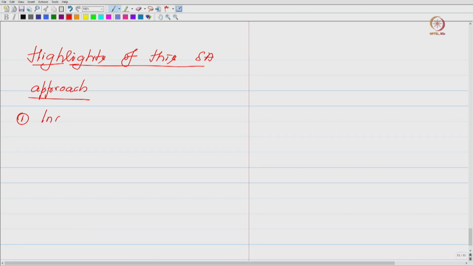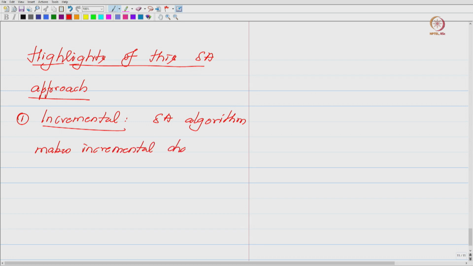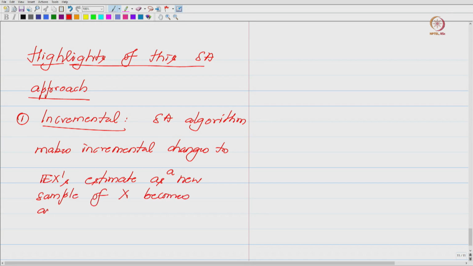One, this approach is incremental in nature, that is, the stochastic approximation algorithm makes incremental changes to expected value of X's estimate as a new sample of X becomes available.